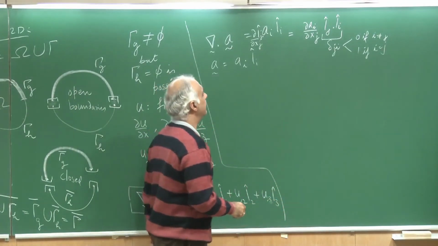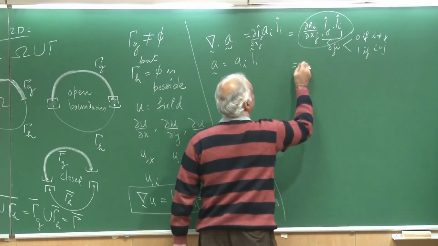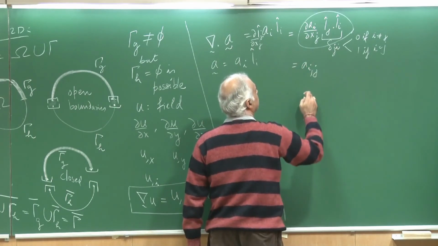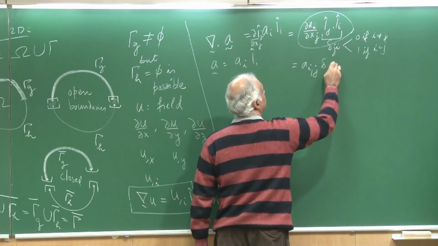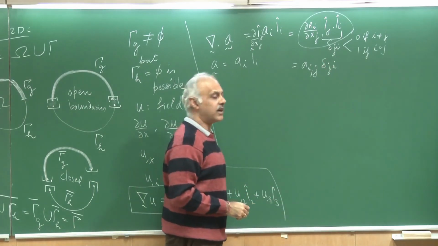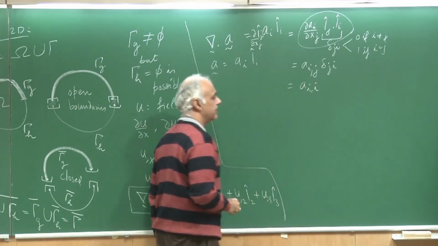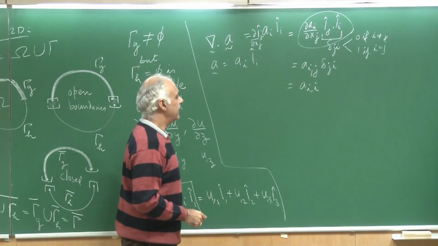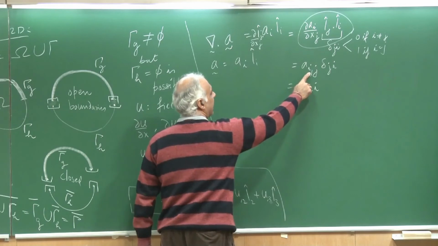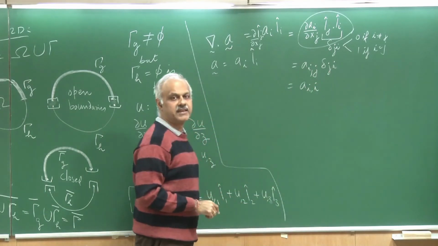Right? And therefore this whole quantity can be written as Ai comma j times delta ji, but this will survive only if j is equal to i. So I can write this as Ai comma i, right? And i here is a repeated index, exactly as here where i is a repeated index and j is also a repeated index.